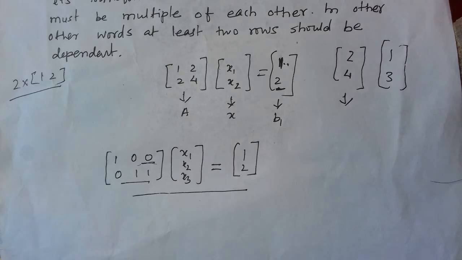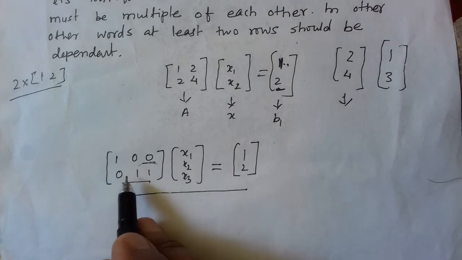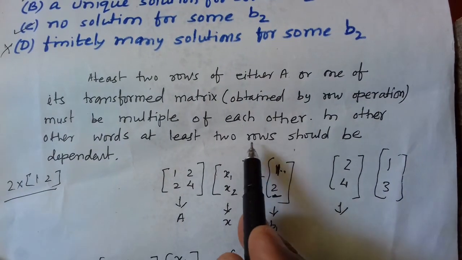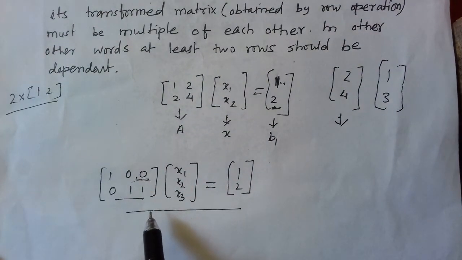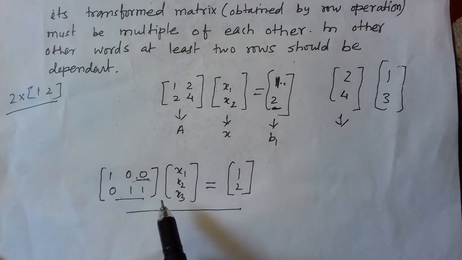The candidate says it is true, these two rows are independent, but I have written dependent, and also it has infinitely many solutions.